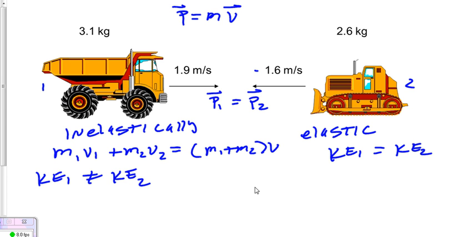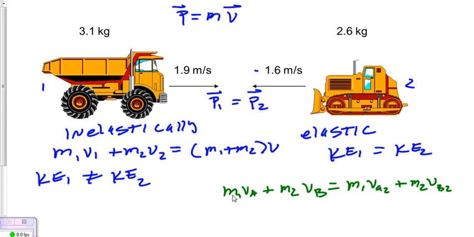Change colors here to make sure it's obvious. So it will look like this: m1 vA plus m2 vB is equal to m1 vA sub 2 plus m2 vB sub 2.